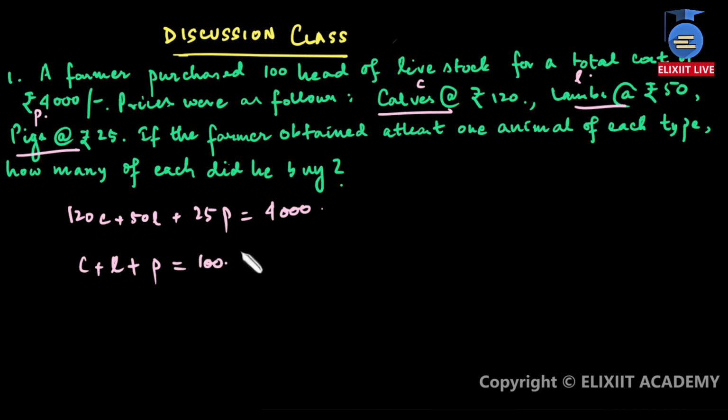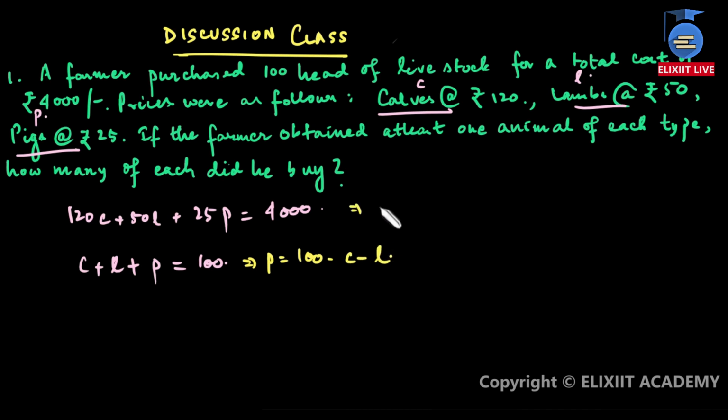So this relation is given: C plus L plus P is equal to 100. We can get the value of P from here. P is basically 100 minus C minus L. So simply take this P and put it in the first equation.